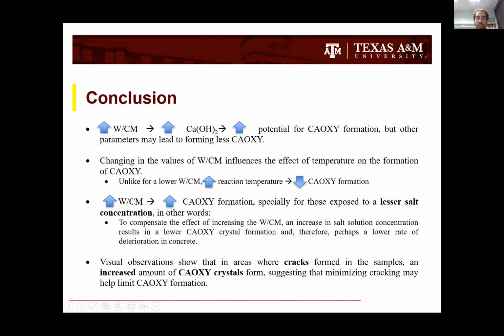In other words, we can conclude that to compensate for the effect of increasing the water to cement ratio, an increase in salt solution concentration may result in lower KXC crystal formation, so we may have a lower rate of deterioration in concrete.